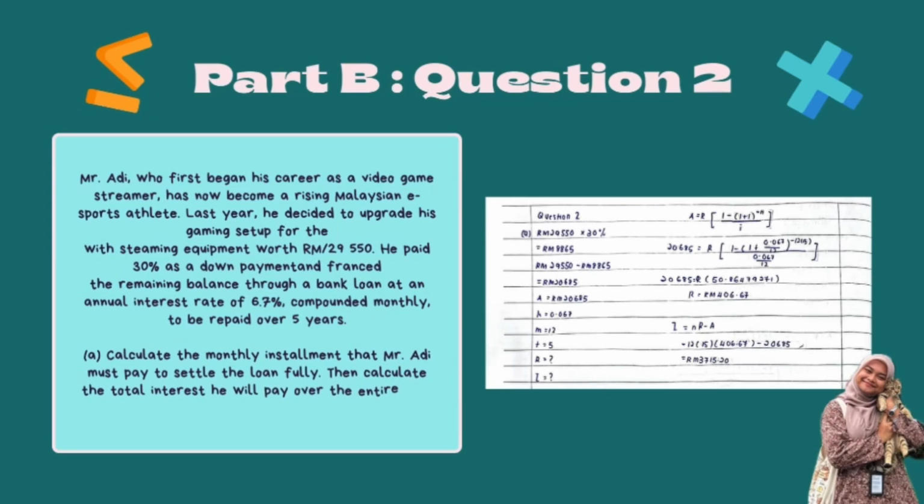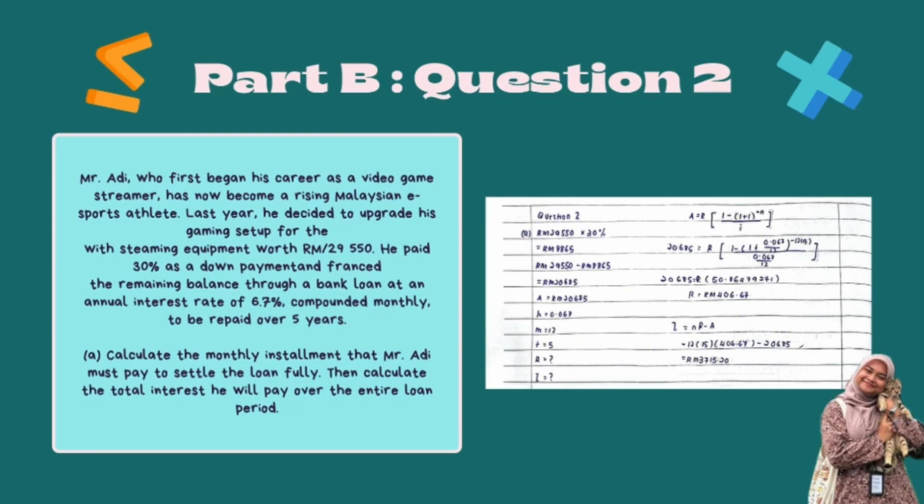For question A, calculate the monthly installment that Mr. Adi must pay to settle the loan fully. Then calculate the total interest he will pay over the entire loan period. As we can see here, the question said that Mr. Adi paid 30% as a down payment from 29,550. So we multiply 29,550 by 30%, and then we get the price RM8,865.